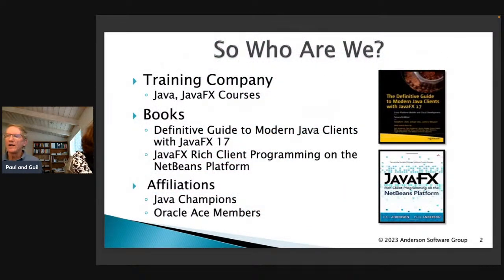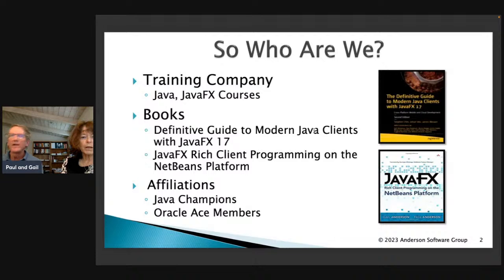So who are we? Gail and I are the co-founders of the Anderson Software Group, a software training company here in the US. Our courses include Java, JavaFX, Python, Golang, modern C++, and Docker and Kubernetes. We are the authors of 9 textbooks on software programming and have 2 books on JavaFX that you see here.